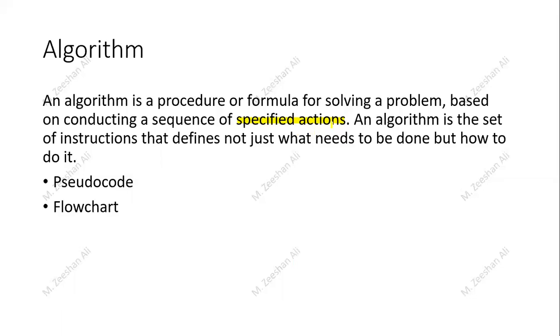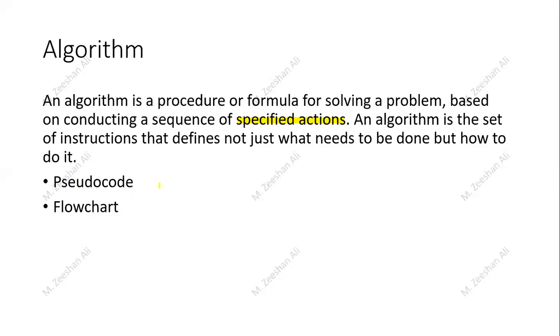We will not only tell what is needed and what is going to be done, we will also tell how that thing is going to be done, both the things. An algorithm is the set of instructions that defines not just what needs to be done but how to do it, and it has two standard forms. One is pseudocode, the second one is flowchart.